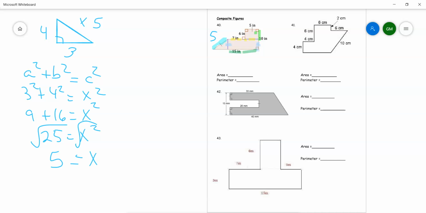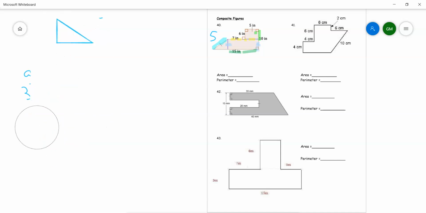So now we're going to add all those numbers together, because we are looking at perimeter. So let's do the perimeter first. We're going to have 5, the side length we just found, plus 7, which is right there, plus 6, there, plus 5 from here, plus 10 over here, that's 15.